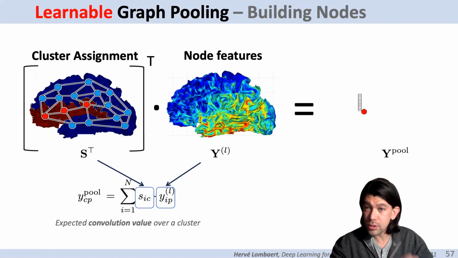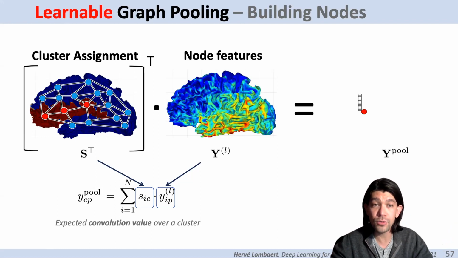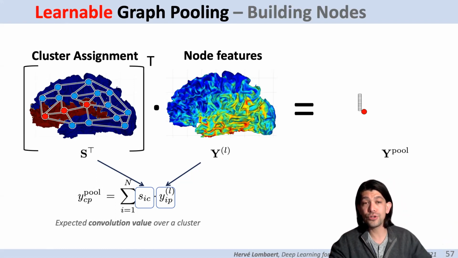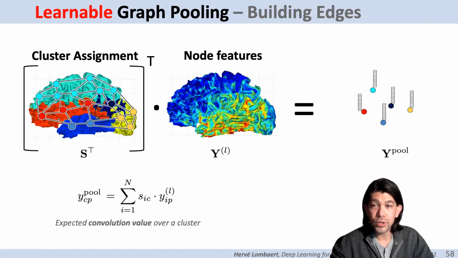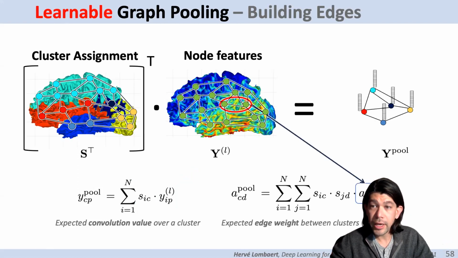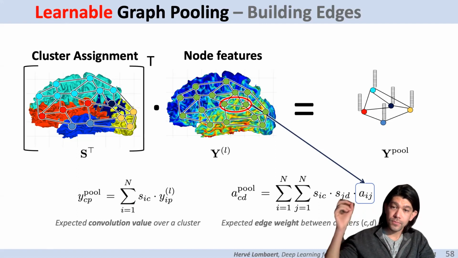So you have a new node. The value of this node would be the average value of the convolution over the whole cluster. Then another node is a new average value across another cluster. So you can do multiple nodes as such. And then to build the edges, you do the same thing. Here would be the adjacency matrix.